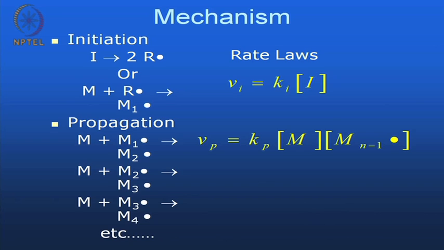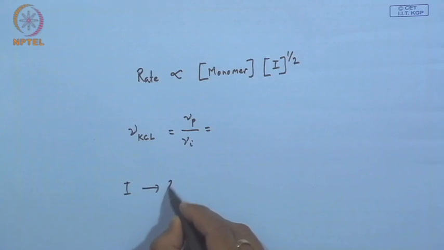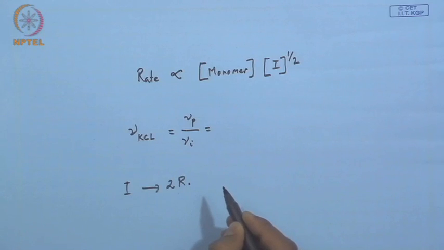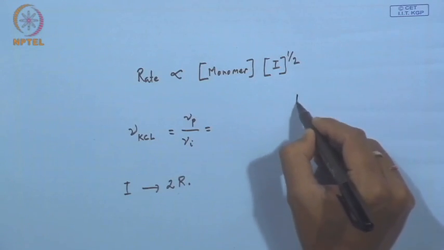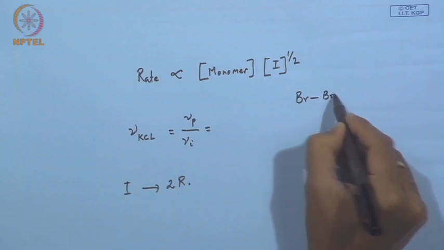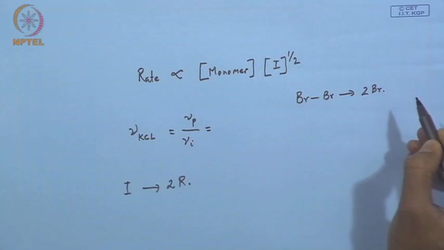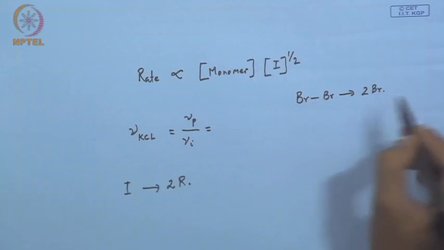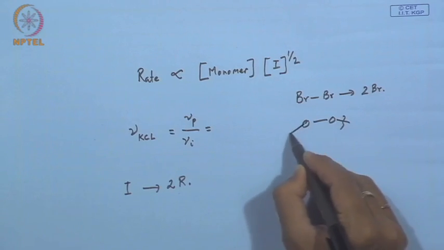The initiator I produces 2 R dot, maybe 2 radicals, like Br: if you initiate, it will generate 2 Br dot, or maybe a peroxide.